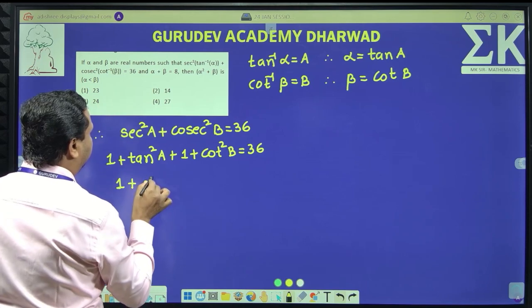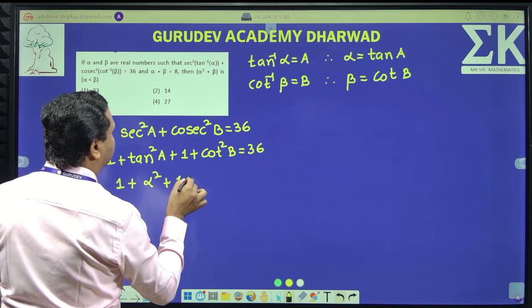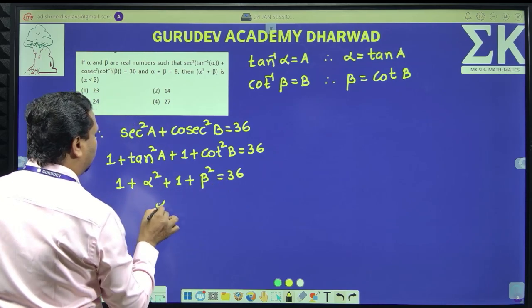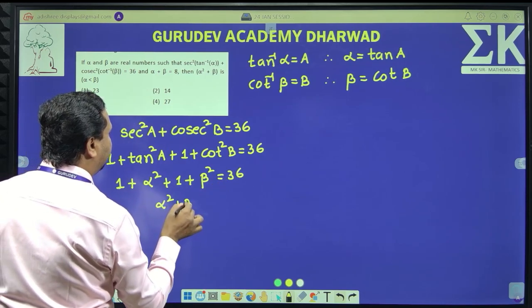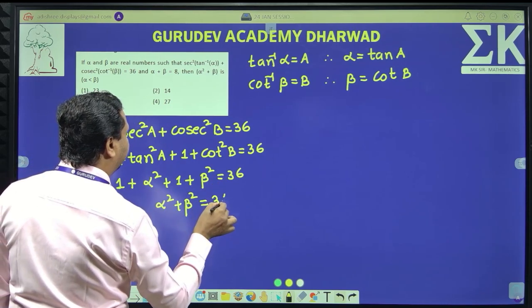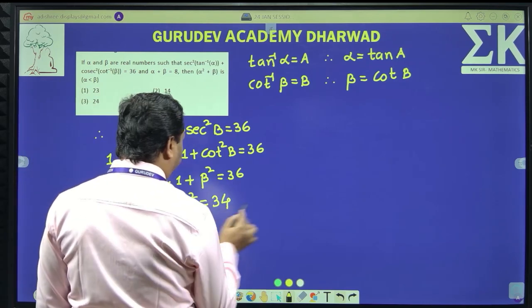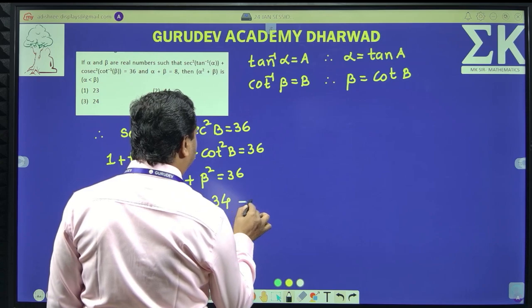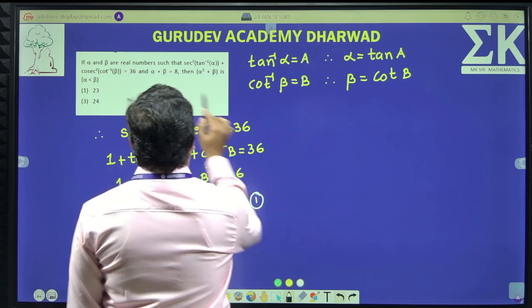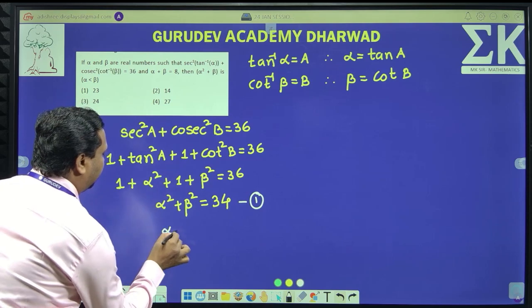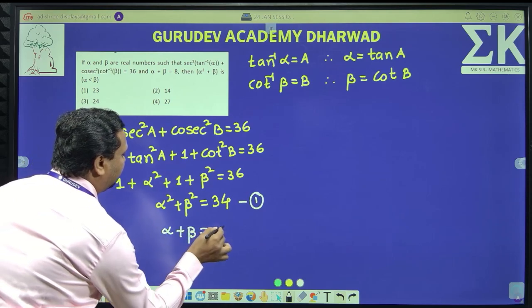Is it alpha square? Yes. 1 plus, is it beta square? Equal to 36. So alpha square plus beta square is equal to 34. 36 minus 2 is 34. Okay. Important step, important one. And also alpha plus beta is equal to 8. Alpha plus beta is equal to 8 is also given.